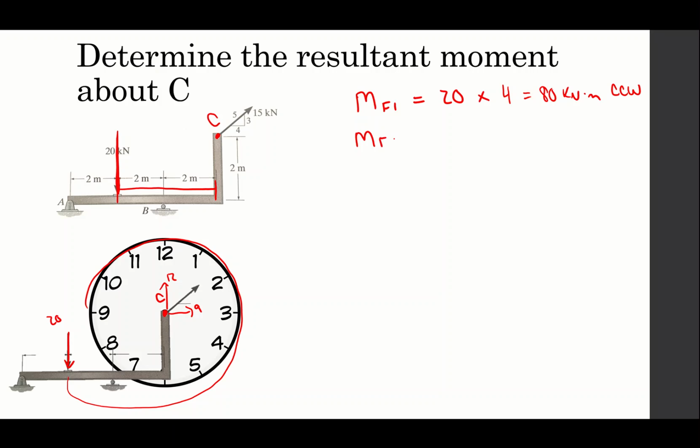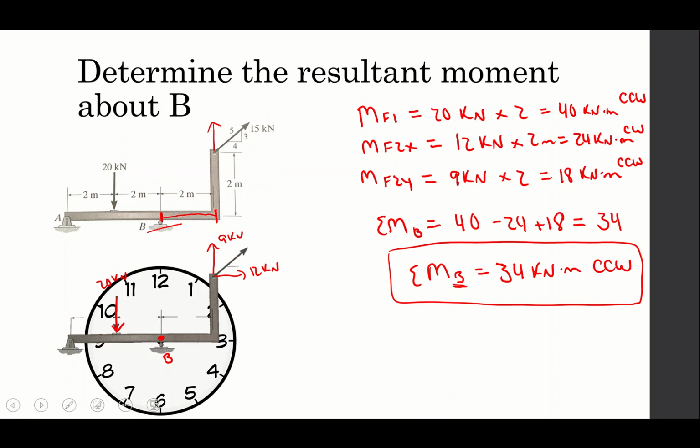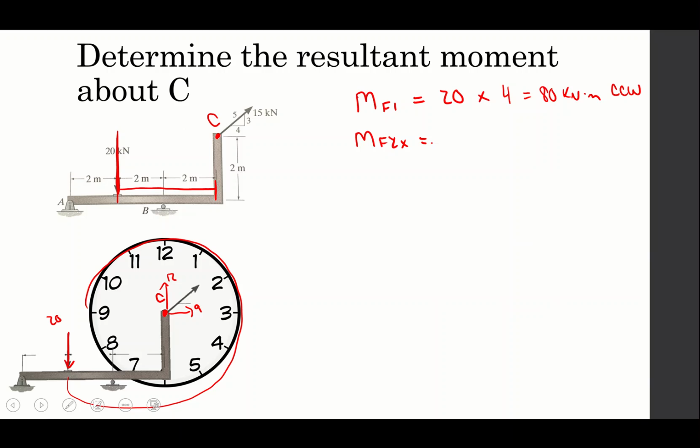And then MFX, F2X. We have 12. Did we have 12? Yes, I messed those up. Here and 9 is there. So we would have 12, and what's the distance from C to F2 of X?